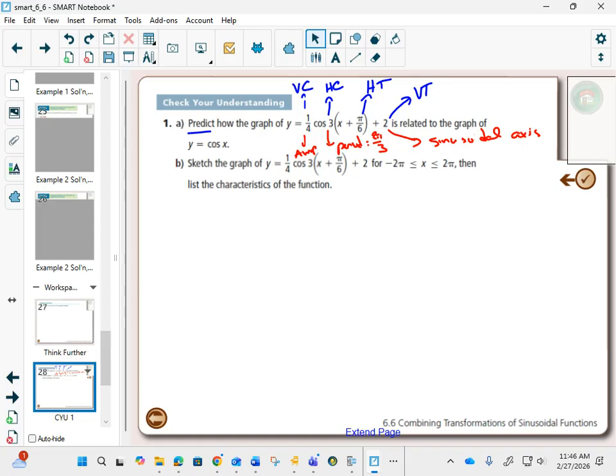Both would be fine. You would get to choose. You could say both if you wanted to be really, really clear on a described question, but it said predict. So I'm just going to write down the shorthand letters. I'd lose marks for that if it was a described question because I didn't use big words, sentences. Okay, so then part B. Part B, we're going to use our DAB C.